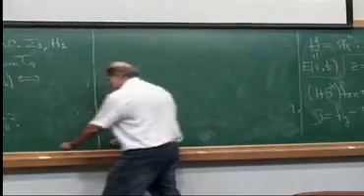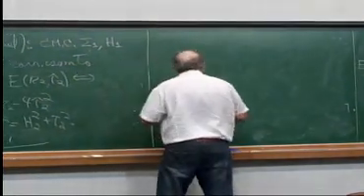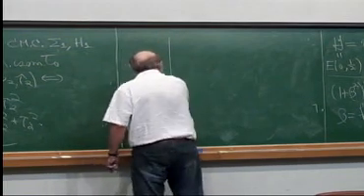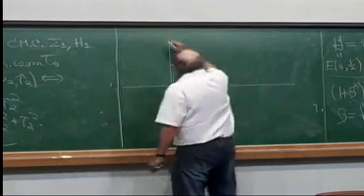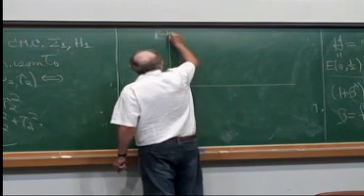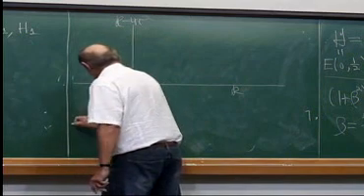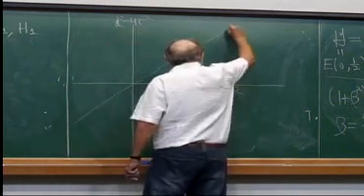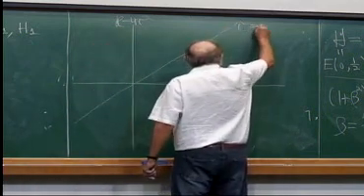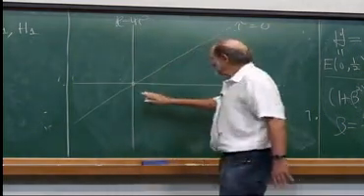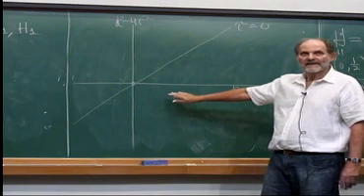Let's make a graph. The vertical axis will represent kappa minus 4 tau squared. The horizontal axis is kappa. The diagonal then is tau equal to 0. And each point in this plane represents an E of kappa, tau.